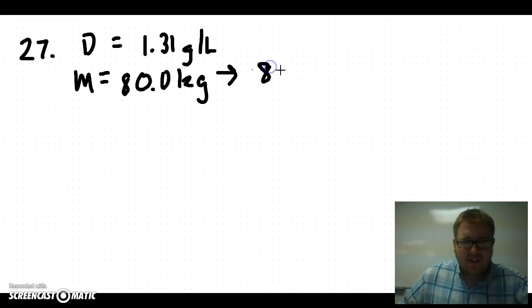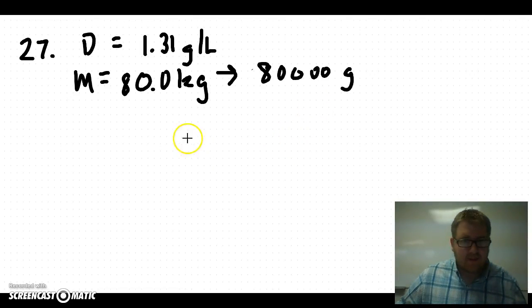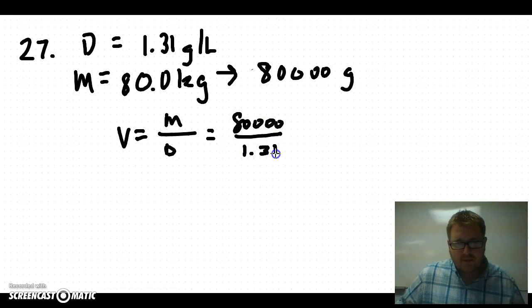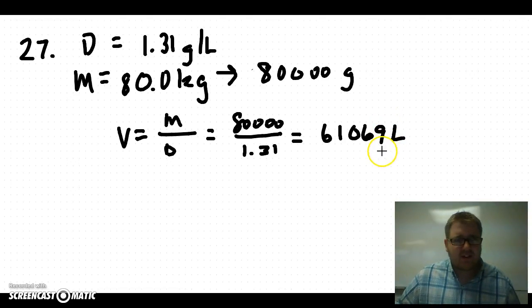So we're going to have 80,000 grams. So to get my volume, I'm going to take mass over density, 80,000 over 1.31. I'm going to get 61,069 liters. And then that's how many liters of oxygen I have.